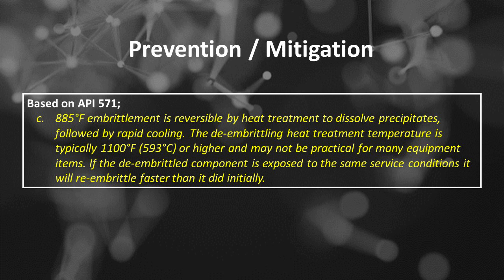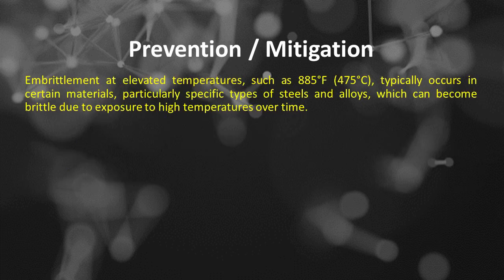If the de-embrittled component is exposed to the same service conditions, it will re-embrittle faster than it did initially. Embrittlement at elevated temperatures, such as 885 degrees Fahrenheit, or 475 degrees Celsius, typically occurs in certain materials, particularly specific types of steels and alloys, which can become brittle due to exposure to high temperatures over time.